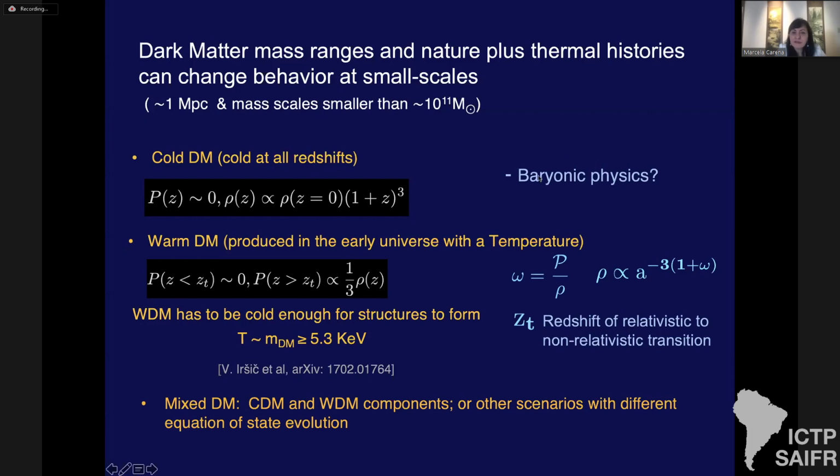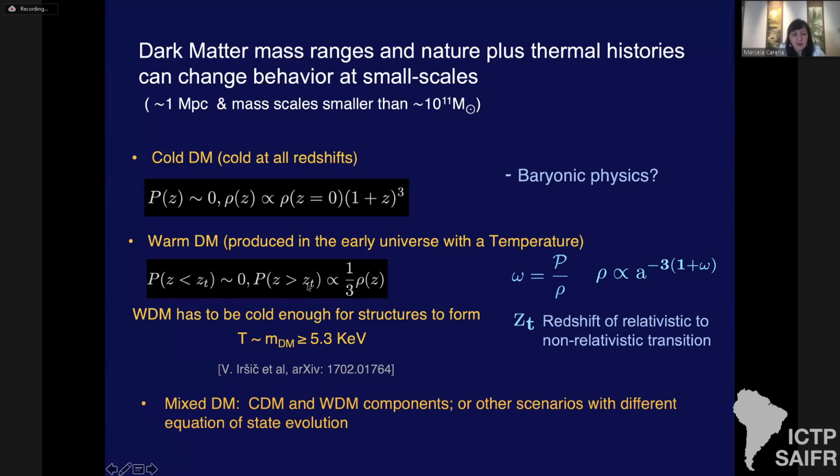And in that case, some of these small scale tensions could be due to baryonic physics that is still not well understood. And at least the experts tell me, including my own son, that they are not really fully implemented in cosmological simulations. So then people have thought about warm dark matter, meaning producing it in the early universe with a temperature.